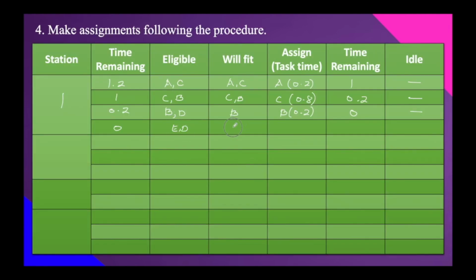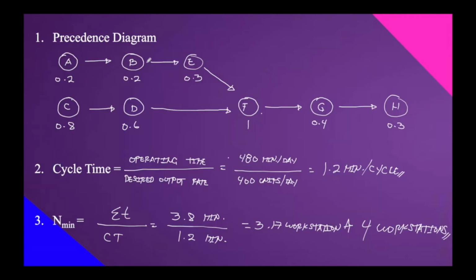Pero wala nang mag-fit dahil nga po 0 na tayo. So 0, wala na to, and we don't have idle time. Therefore, yung mga tasks under workstation 1 are the task A, C, and B. Okay, so they are actually part of our first workstation, ACB.